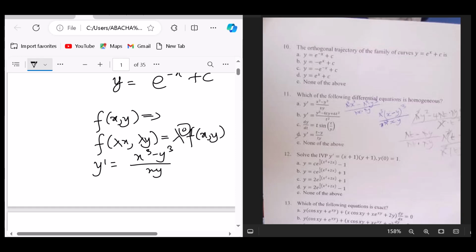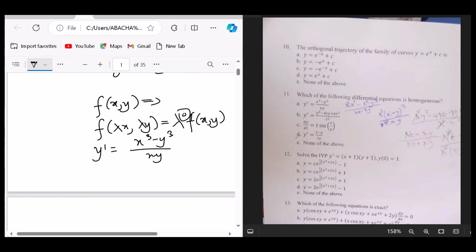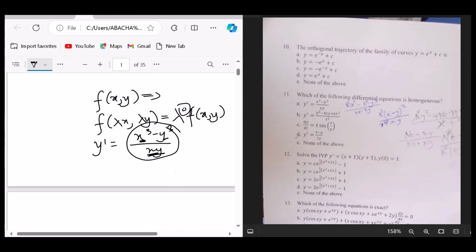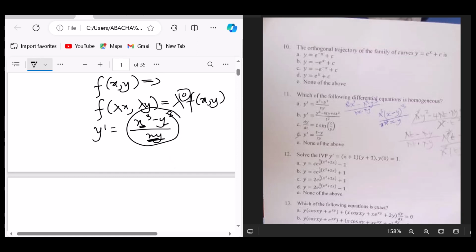Obviously this one, when we introduce lambda, we are not going to get anything, because here that will be lambda cubed, here it will be lambda squared, and so in all we still have lambda inside if we factorize lambda out. So this is not a homogeneous function.